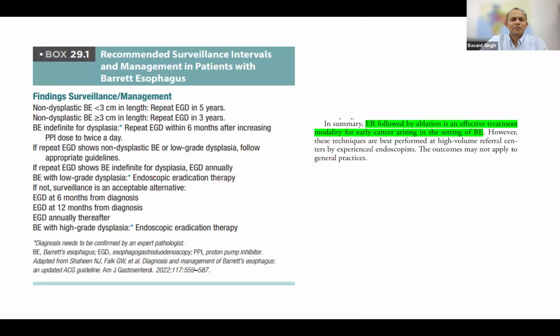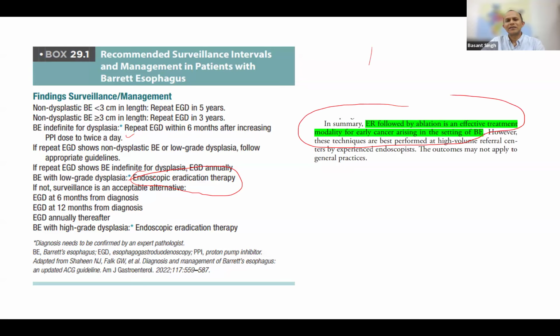So this is about your Barrett esophagus, more or less the same as before. Non-dysplastic 5 years, long segment Barrett 3 years, indefinite give PPI then 6 months. That is okay. Low-grade dysplasia, endoscopic eradication therapy. ER followed by ablation is an effective treatment for early cancer arising in the setting of Barrett esophagus.